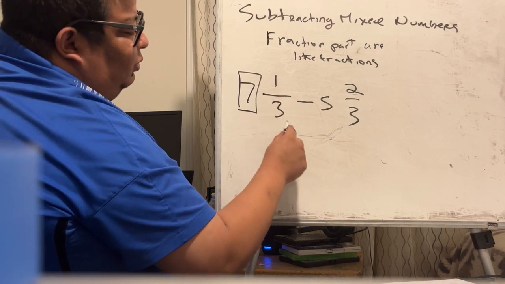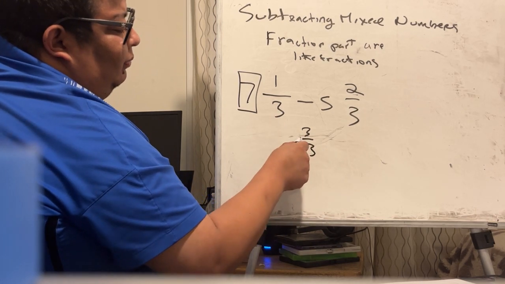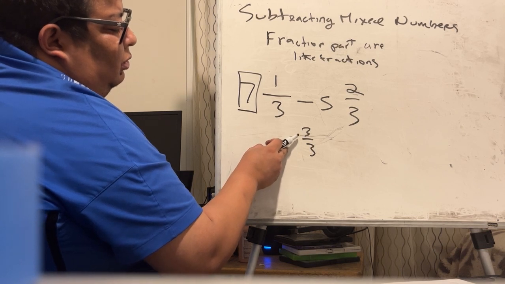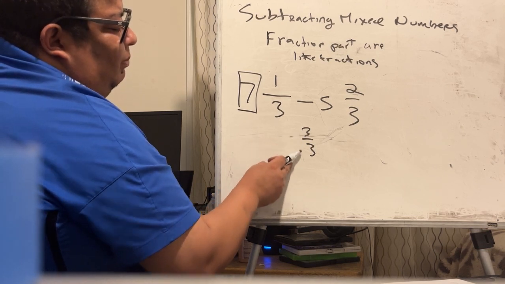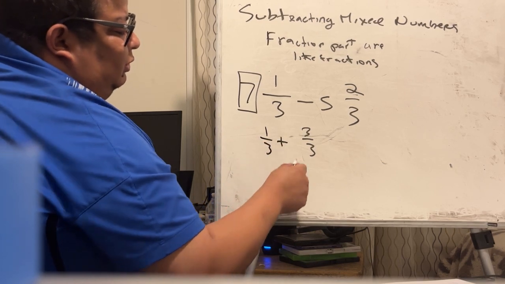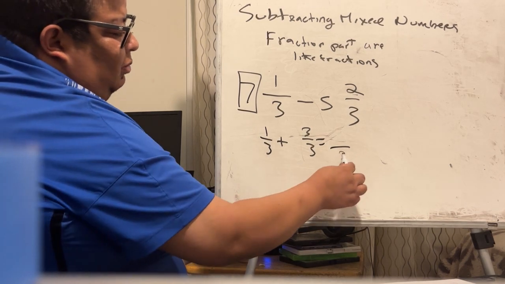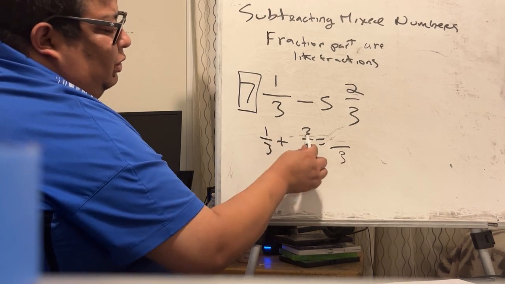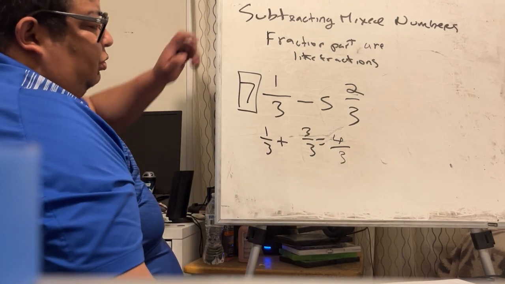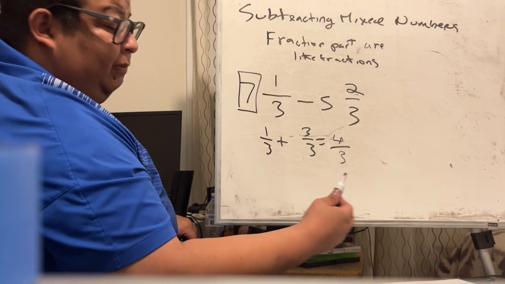You take 3 over 3, the same denominator, top and bottom. So 1/3 plus 3/3. Same denominator, and then you add the tops. 1 plus 3 is 4, so 4/3.